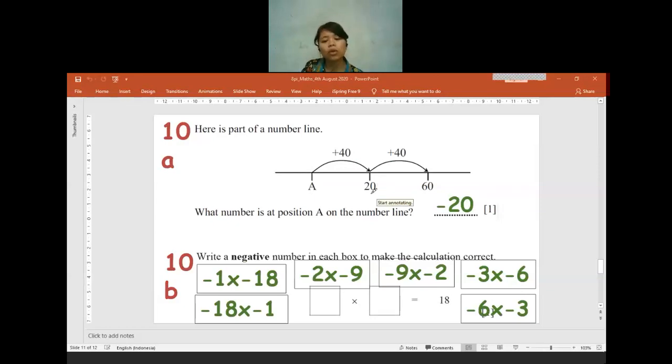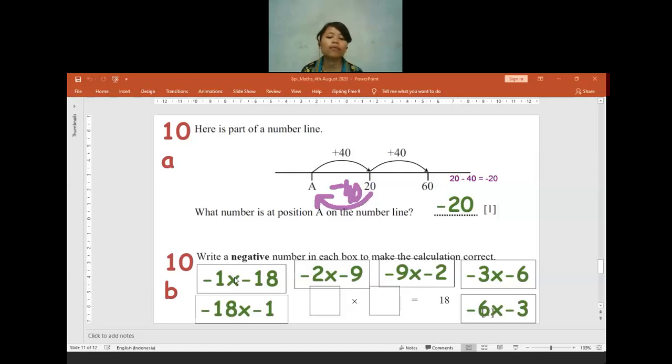So if we go to the left, we will do the opposite. We will subtract 40. So 20 minus 40, the answer will be negative 20. Is there anyone who gets confused at question 10A? Before I move to 10B, is there anyone who has a question? No? Okay.